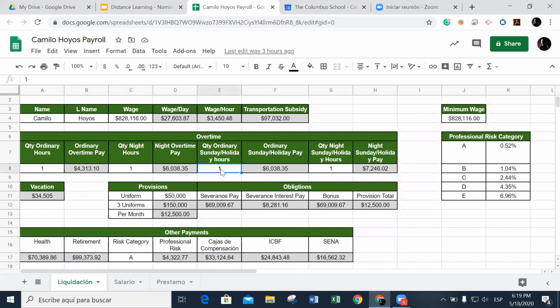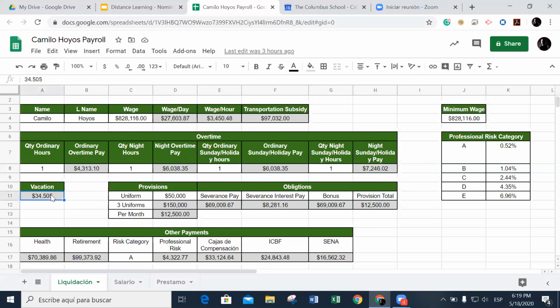And then 1 ordinary Sunday or holiday hour is this much. So we literally put that in there as a number. This is not a formula, it's just a number. Now the quantity 1 hour night, Sunday, holiday hours is 7,246 pesos and 2 cents. So we put that in there also manually.